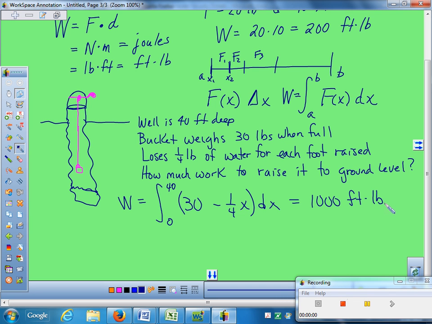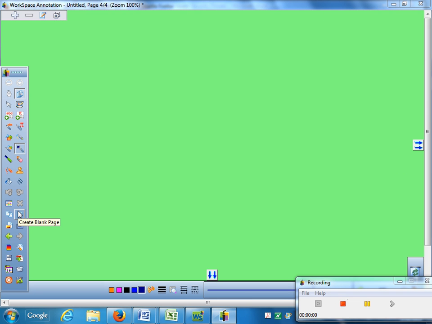Okay. Yeah, second kind of problem that these work with is spring problems. You ever done springs before? Okay, specifically, springs follow what is known as Hooke's law.